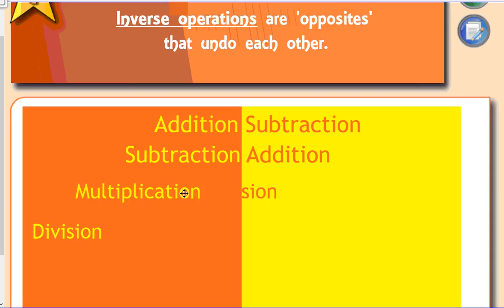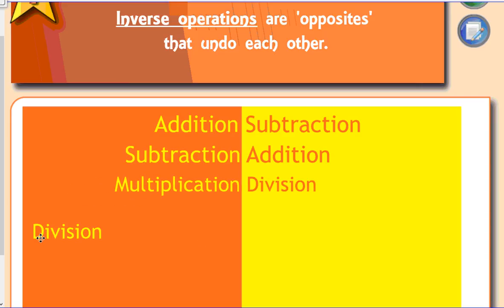The inverse operation of multiplication is division, and the inverse operation of division is multiplication. So when I refer to using inverse operations, all I mean is just to do the opposite. If it's adding, you're going to want to subtract. If you're subtracting, you're going to want to add, and then in another video, we'll talk about multiplication and division.